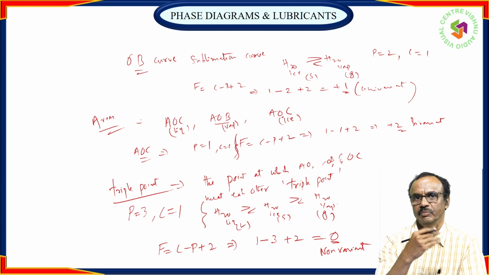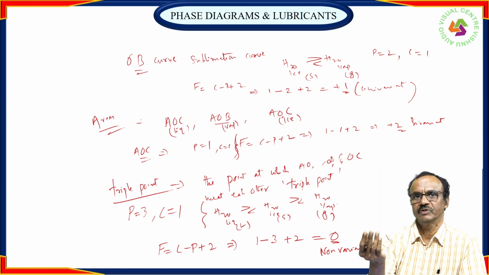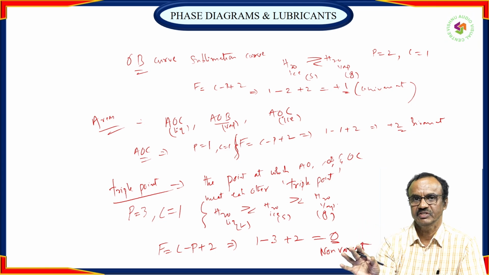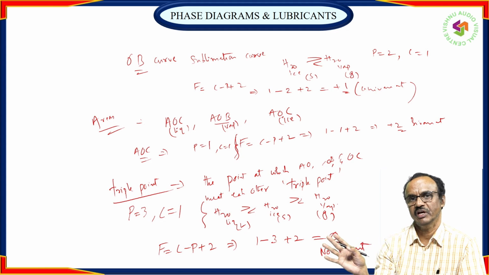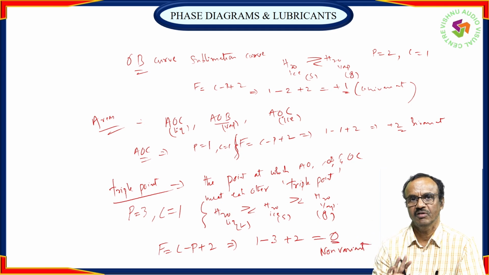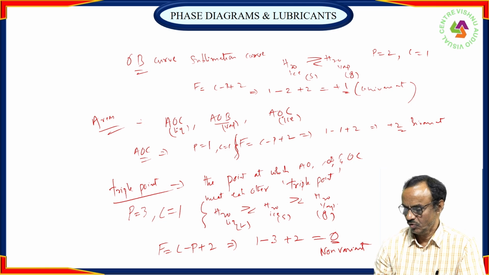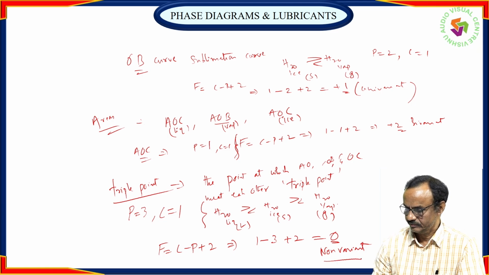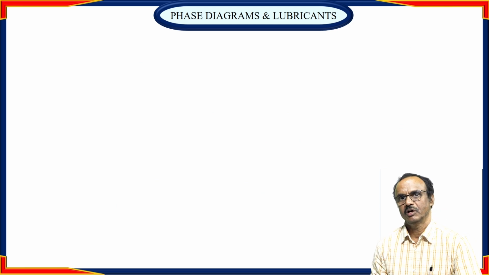Ice will start melting, and equilibrium will collapse. So equilibrium does not exist. So all variables are fixed; changing any one, equilibrium collapses. Therefore, it is non-variant, all are fixed at point O.